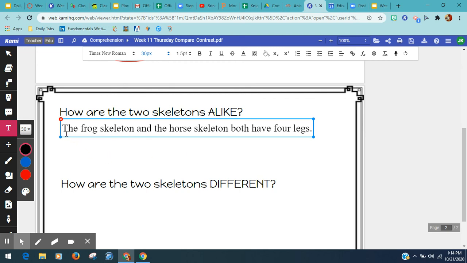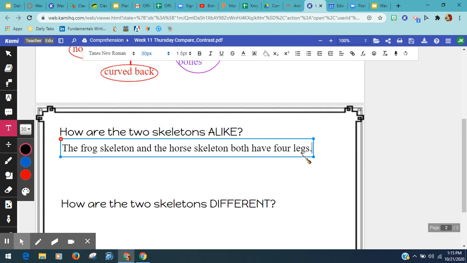I started with a capital, I ended with a period, and you should too. This is what your assignment's going to look like, by the way. Everything you see me doing, you're going to be doing in an assignment in a few minutes. If you need to, pause the video and finish writing.